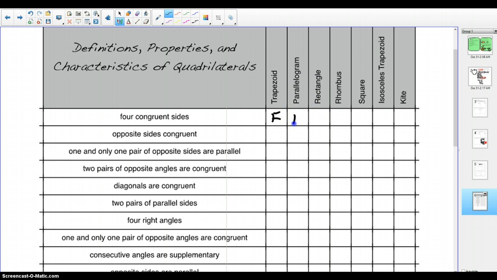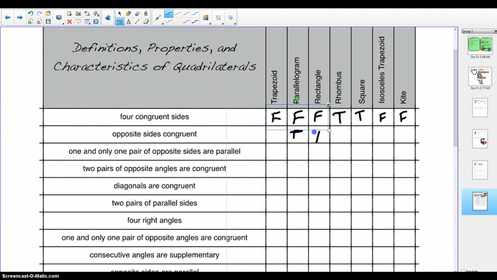Parallelogram? That's not necessarily true. Nor is it true for rectangles. But then we get to the rhombus and square, and that is true. And then it is false for the last two as well. For opposite sides being congruent, we know that that is true for parallelograms.